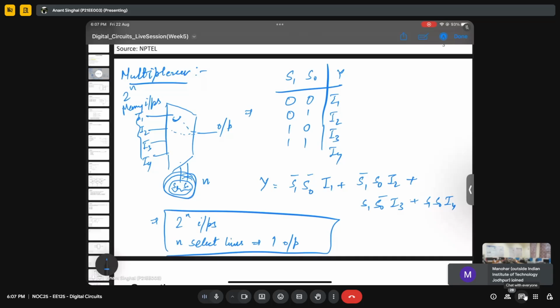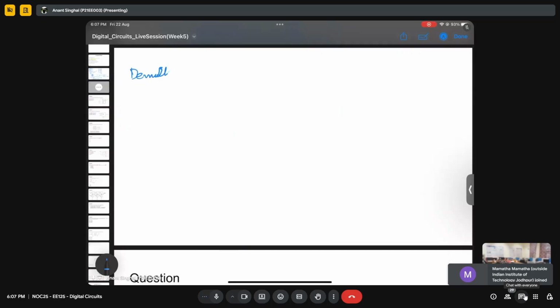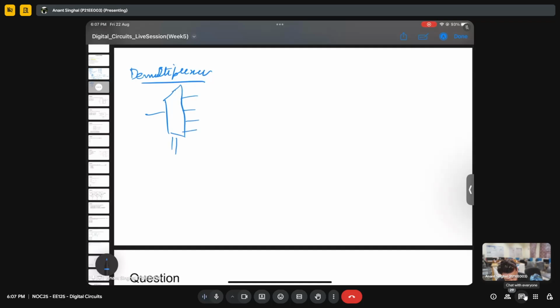Similarly, we have a circuit called a demultiplexer, which is exactly the opposite of it. A demultiplexer has a single input and multiple outputs. It also has select lines. It has 2 raised to the power n outputs and a single input.